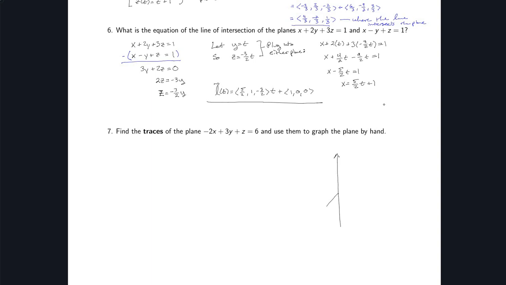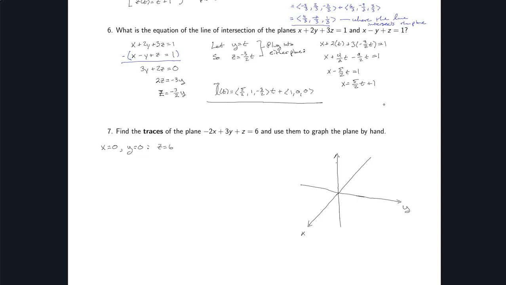Again, if you have isometric paper, I do very much recommend that. So I'm going to use what I saw on the screen to inform me that this is a nice orientation for everything. If x is 0 and y is 0, we get z equals 6.